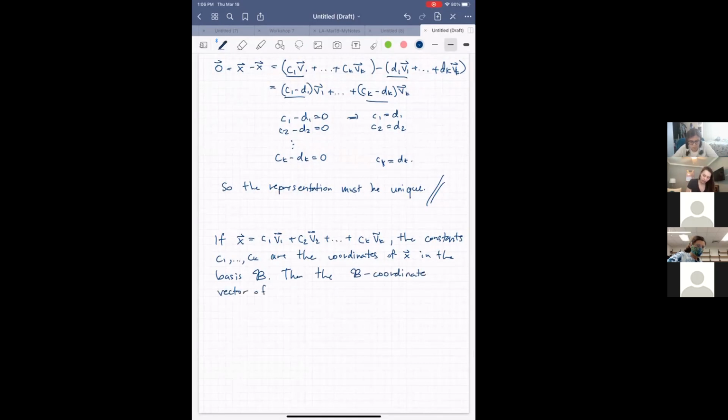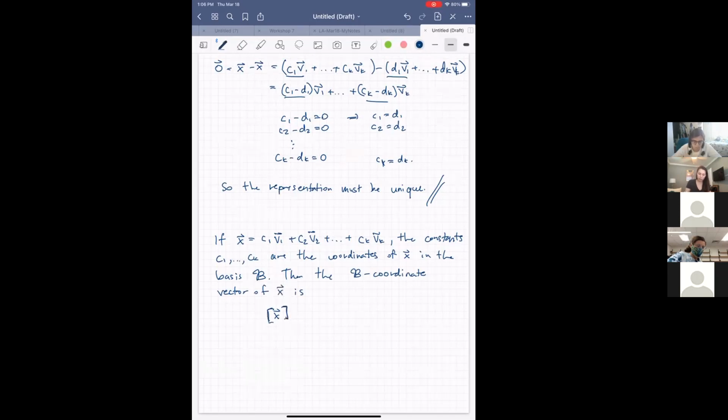of X is going to be just the vector where we just plug in those coordinates. So this is how we're going to represent the coordinate vector of X in the basis B. So we'll put brackets around it.